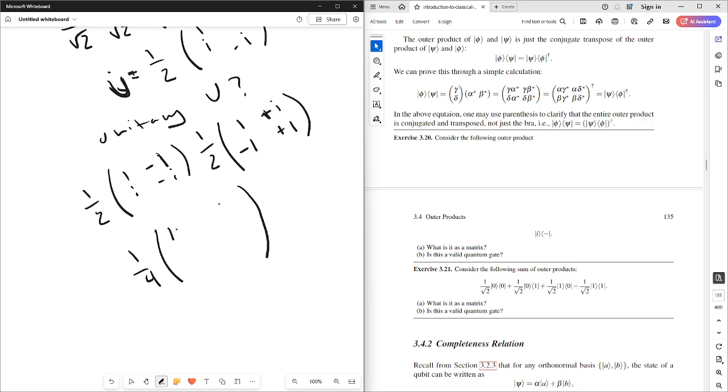So 1 plus I squared, plus I squared, 1 minus I. I think I'm butchering this notation.